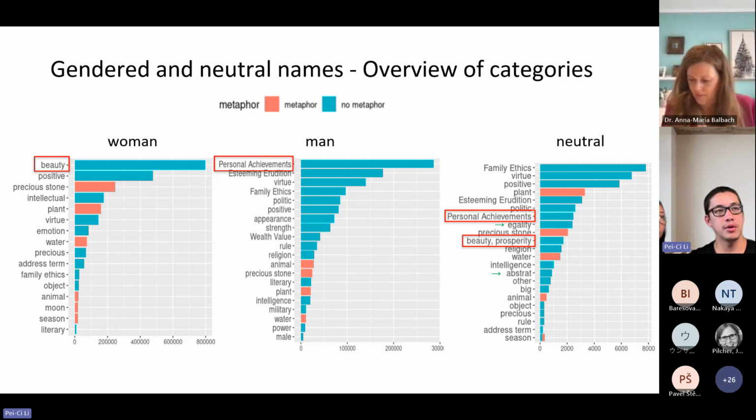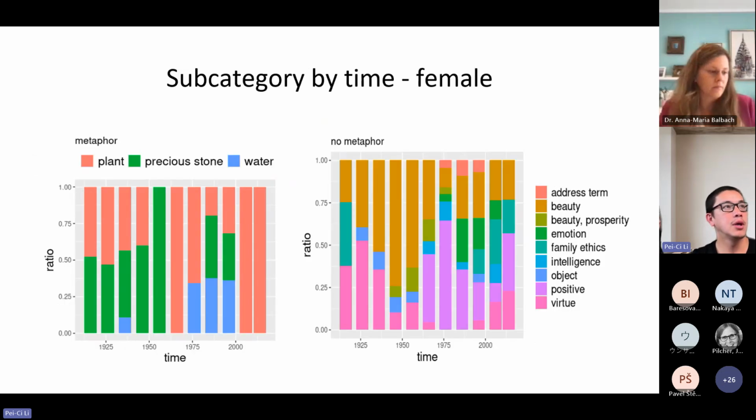We also have a second interesting point. These two new categories that we mentioned about equality or more abstract nouns are also found in the ranking and are not extremely low either. So this is to give you an idea of the overall distribution. If we look at it through time, here on the x-axis you have time, and on the y-axis you have the ratio of different types of meaning subcategories.